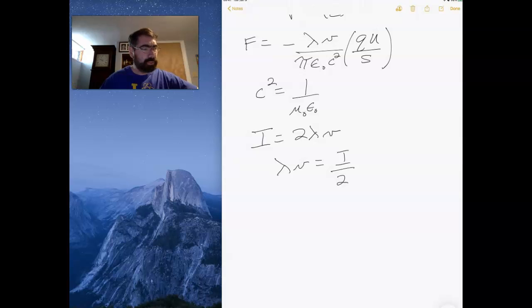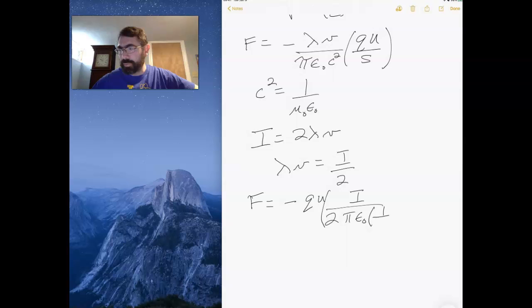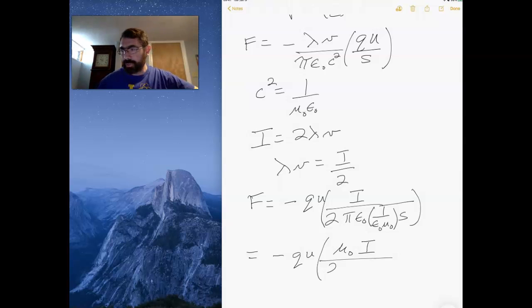If we plug this in, we would get minus q u, the current, over 2 pi epsilon naught times 1 over epsilon naught mu naught s, which gives us minus q u mu naught, the current, divided by 2 pi s.